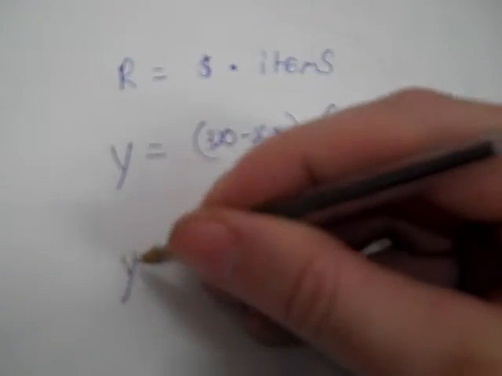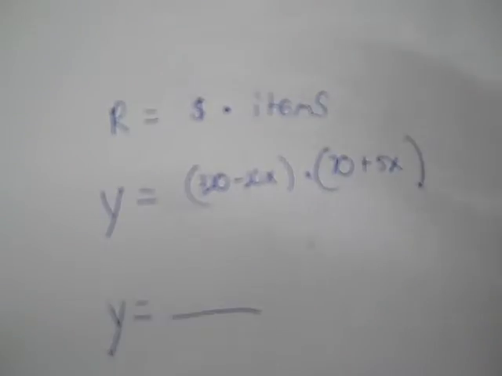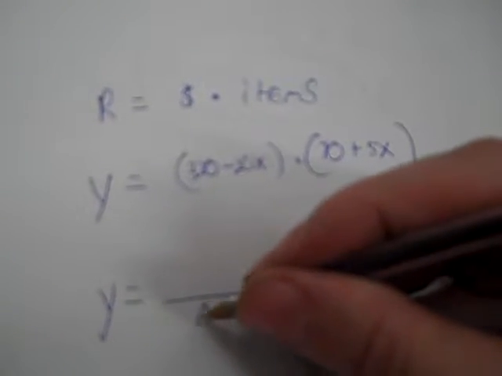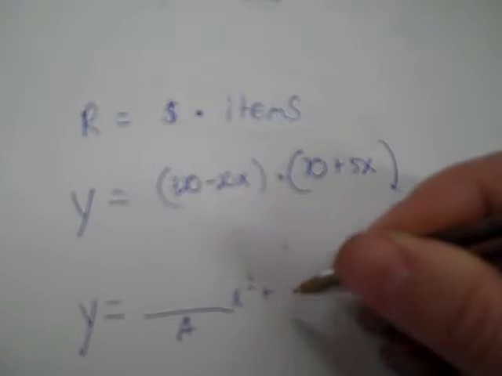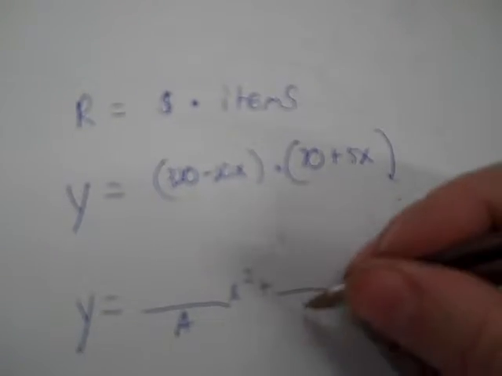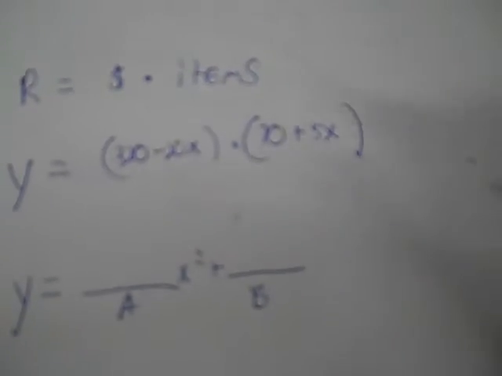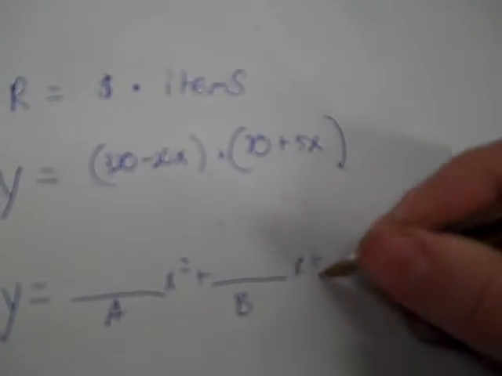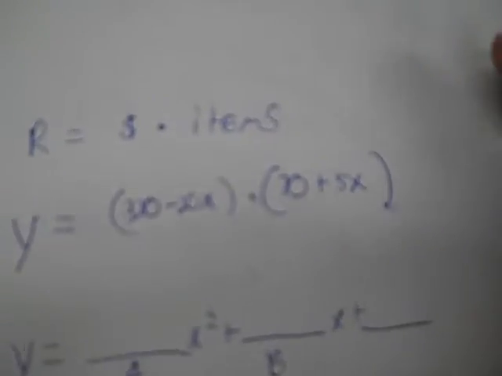All right, now what I need to do is get it out of factored form and into standard form. Because with the two parentheses and the product of the two x's in factored form, well, that doesn't really do me much good when I'm trying to have a b and an a here. Okay, so I take 320 times 70.